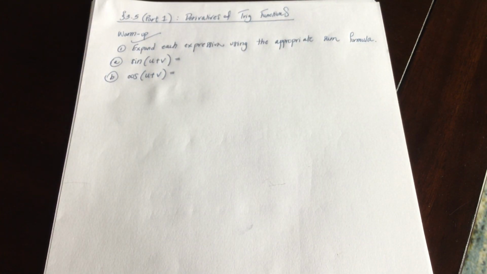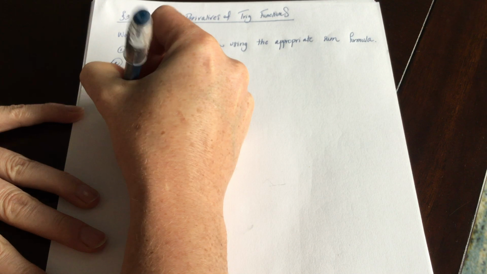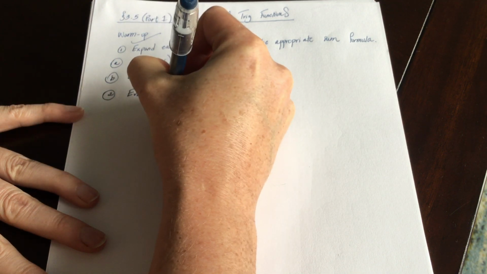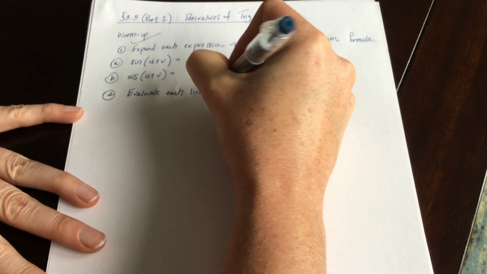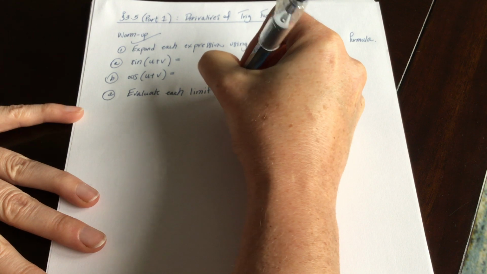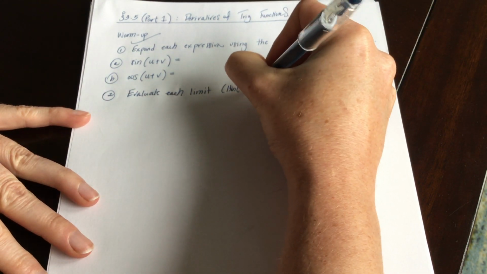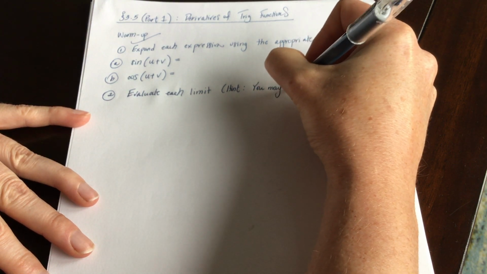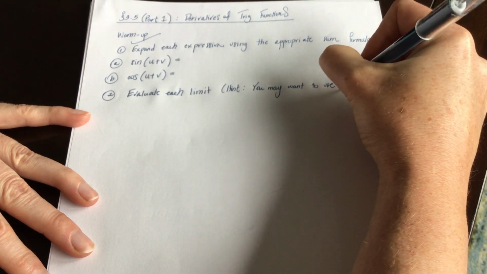All right, my friends. And then warm-up 2 is simply to evaluate each limit. And a hint for this, just so that you don't spend too much time on it, you may want to use your calculator.